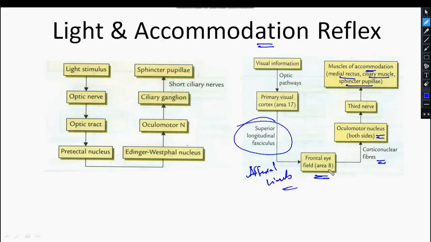So from the frontal eye field to the muscles of accommodation, this we see as the efferent limb. Clear? So this is about the accommodation reflex, and this is how we have gone from the introduction to the accommodation reflex.